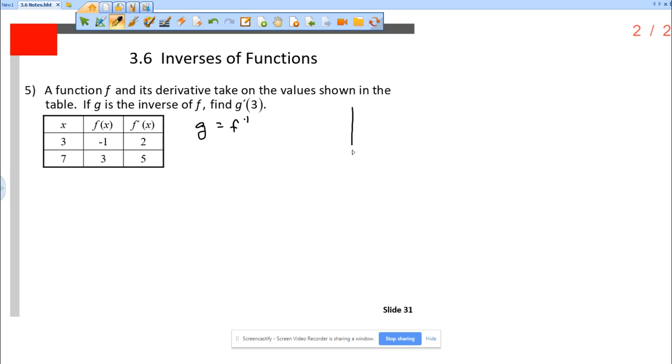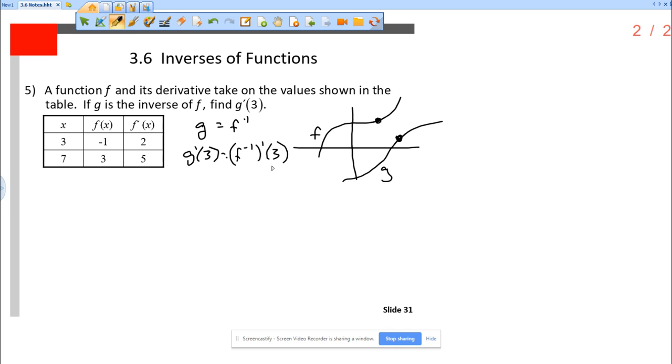So when I draw my picture, here's f, and here's g. If I'm labeling these points, what do I want? I want g prime of 3. Really, g prime of 3 is actually just f inverse prime of 3, because g is f inverse.